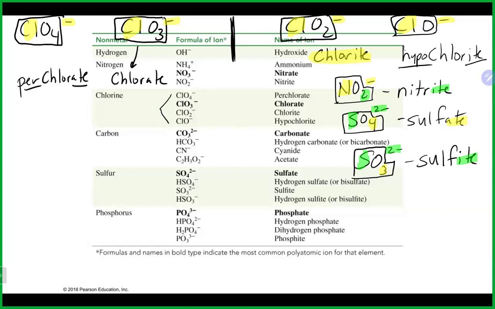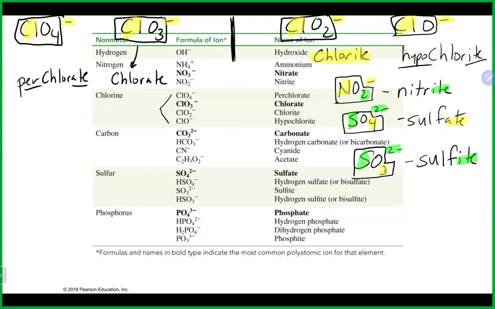So for these, you need to actually know the formulas and the charges that go with them so you're able to balance out the formulas correctly. They are fixed in the sense that, for example, chlorite will never be anything other than -1, if that's your question. It will never change.